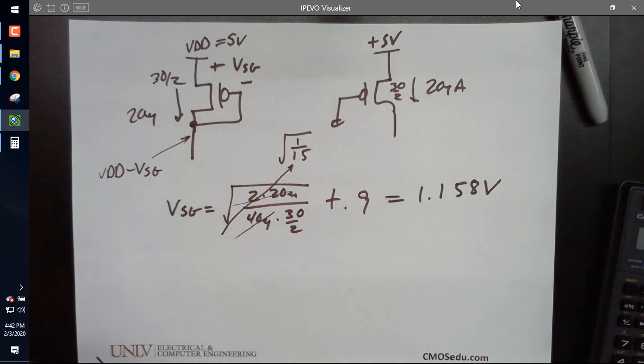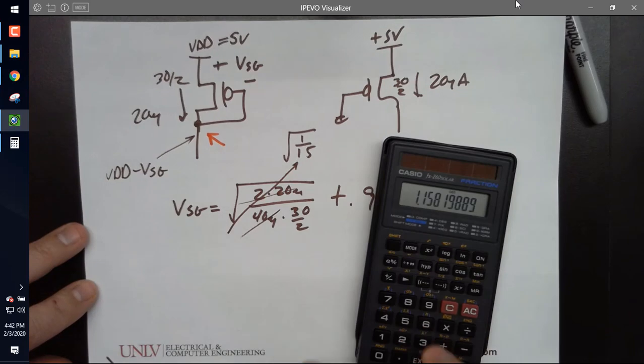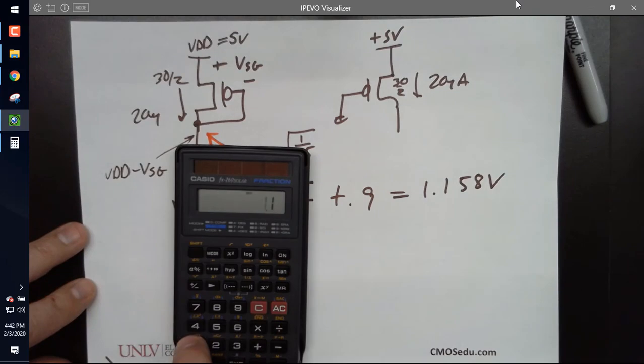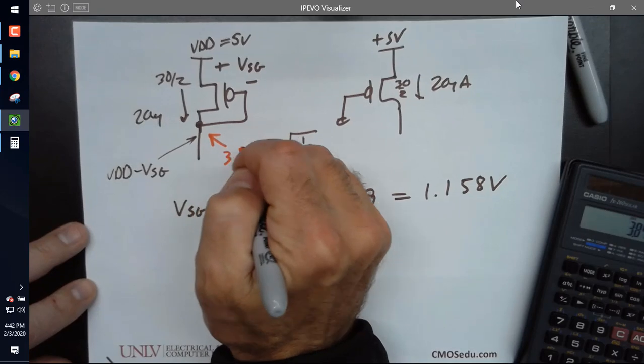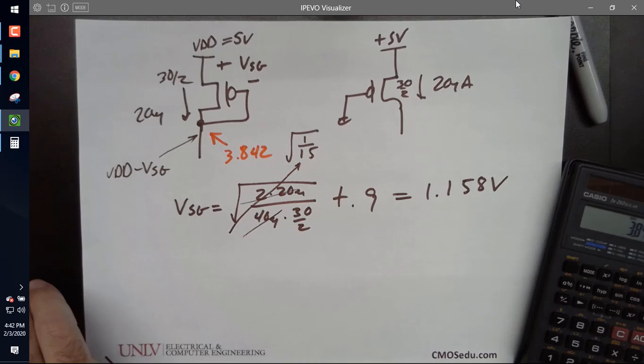What is this voltage right here now? 5 minus 1.158. It is 3.842. Okay, I'm going to ask you a question. You're going to tell me the answer.